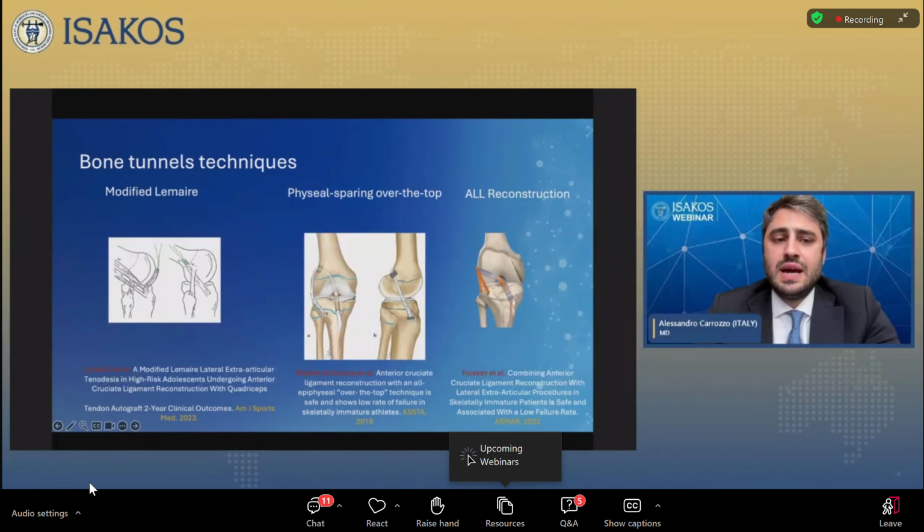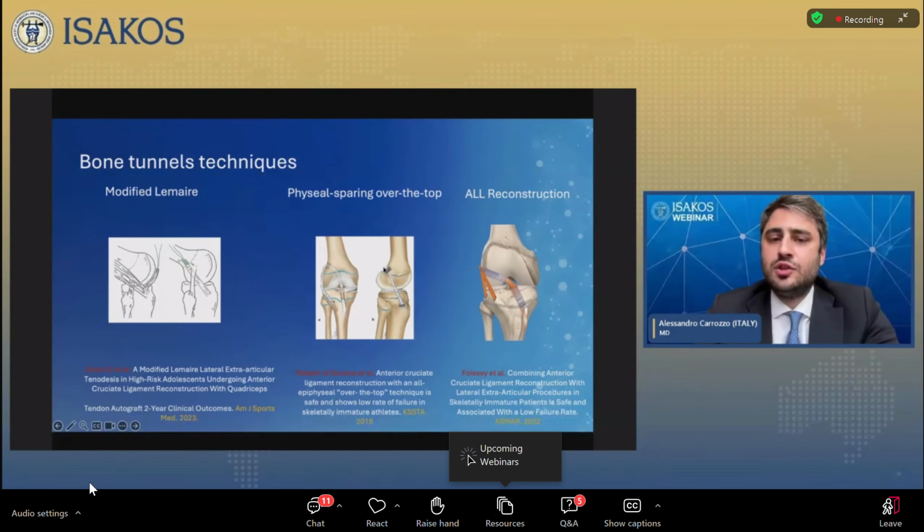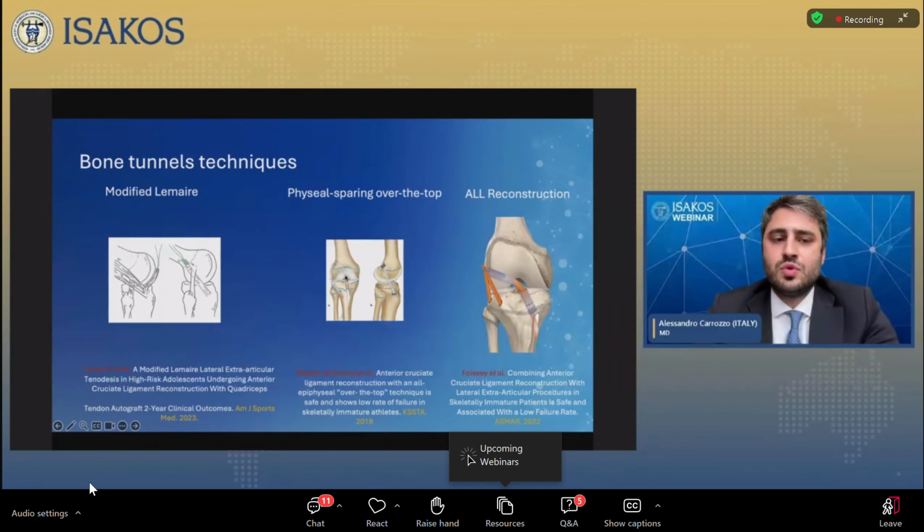In the middle, a hamstring-based over-the-top technique with bone tunnel in the tibial epiphysis and metallic fixation, while an anatomic double bundle ALL reconstruction with gracilis tendon is shown on the right.